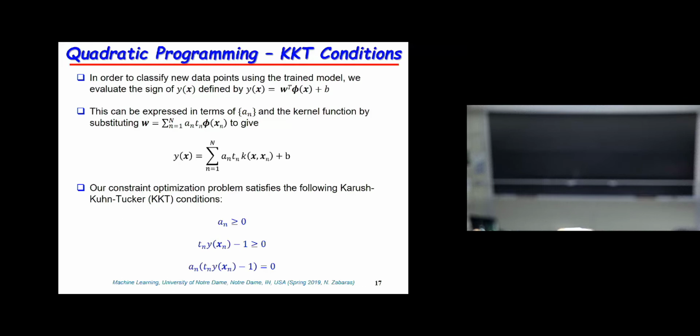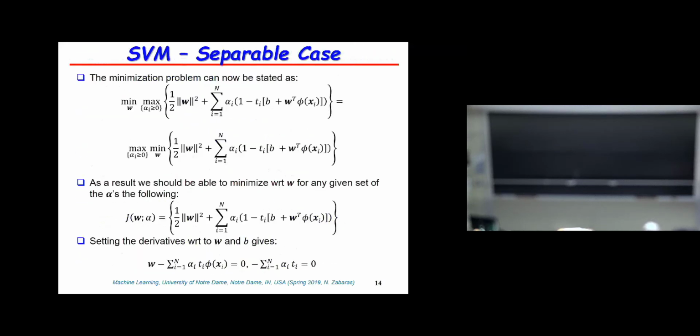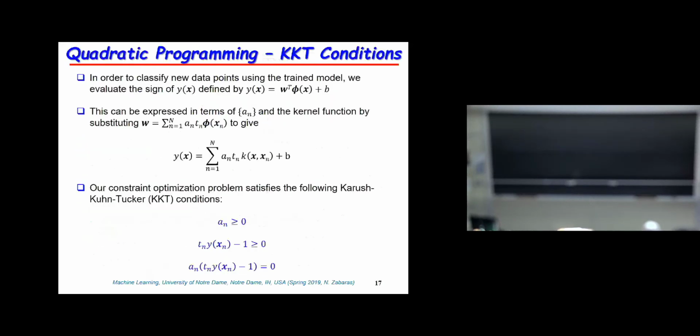Have you seen this before, when you have an optimization problem with constraints? We set the Lagrange multipliers to be positive, and we added this constraint. So the Kuhn-Tucker conditions are these three conditions here.